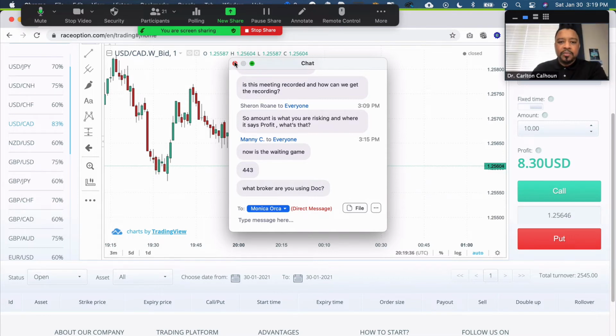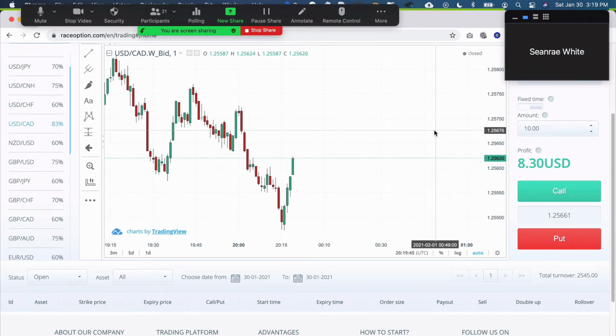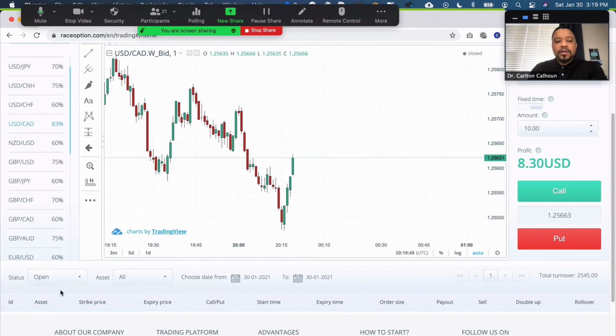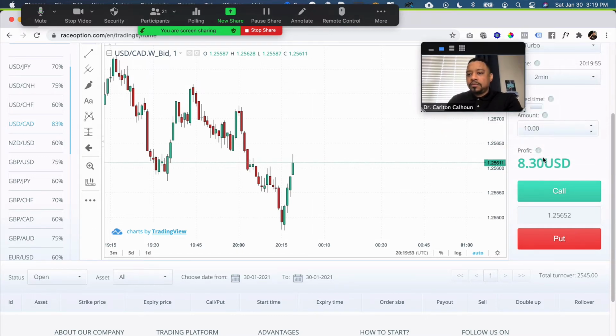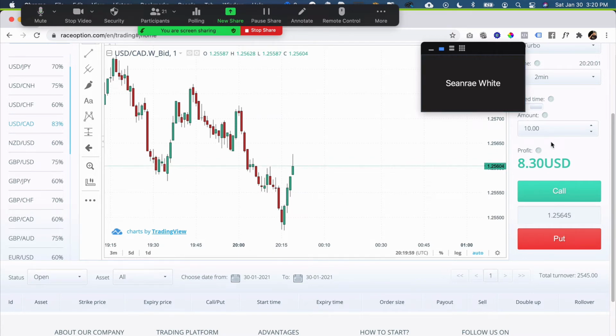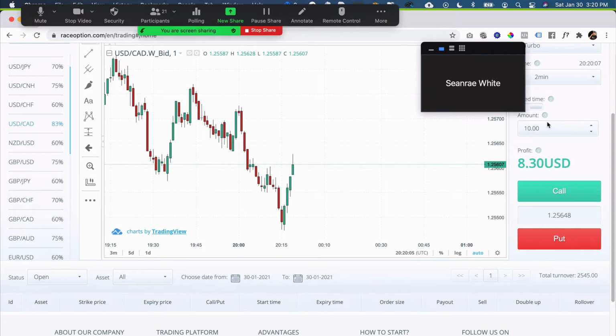Right now, Manny, I am using Race Option. Where is it showing your profit? Like how much have you profited since we've been on here? You have to open it. So if you look on whatever trade you take, it shows the profit here. So if I were to enter a trade for $10, you're not entering them in.